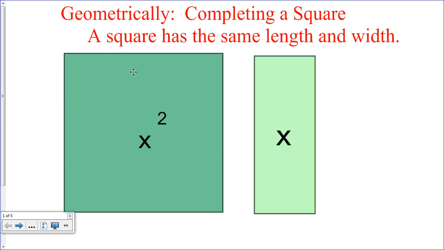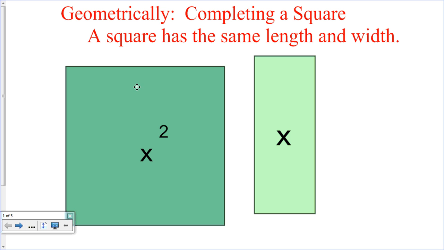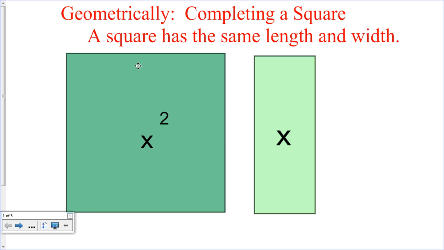So here we go. Now, for our visual representation, we are going to use what are called algebraic tiles. Algebraic tiles are just puzzle pieces that help us represent parts of algebraic expressions. So this algebraic tile is going to represent our x squareds.